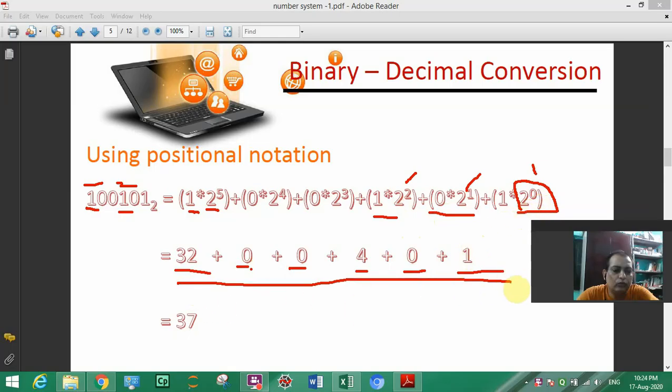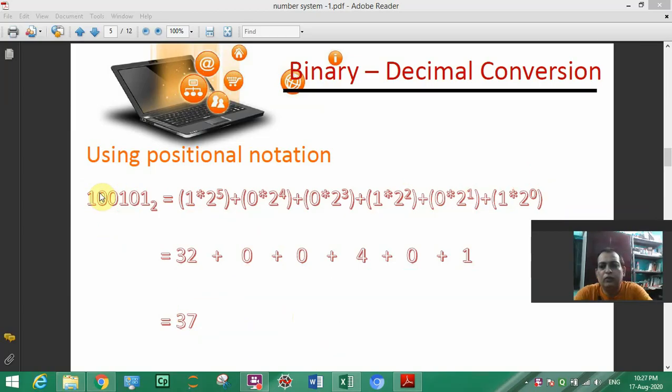Now add these, then you will get this number 37, that is our decimal number system value. In this way you can take any binary number and convert it into the decimal number system. You can try this technique at home. Okay.